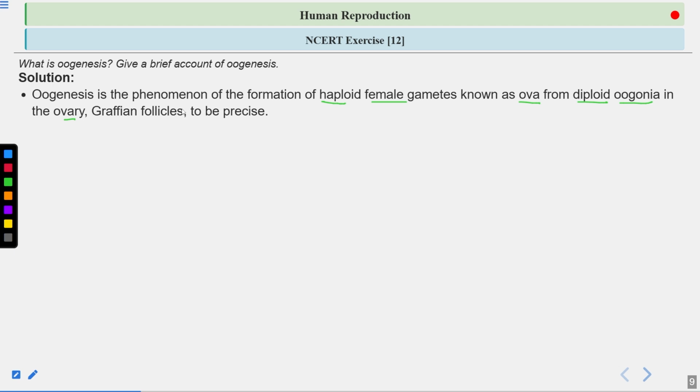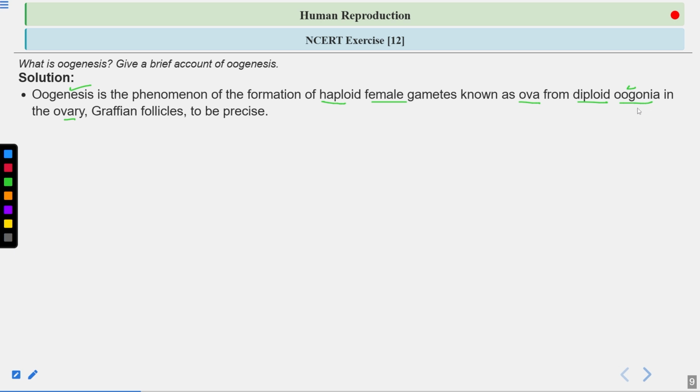So basically, what is happening here? Oogenesis is the formation of the female gamete, or you can say formation of the ova or the egg. There are certain female germ cells known as oogonia, and these are diploid, means they contain 46 chromosomes.